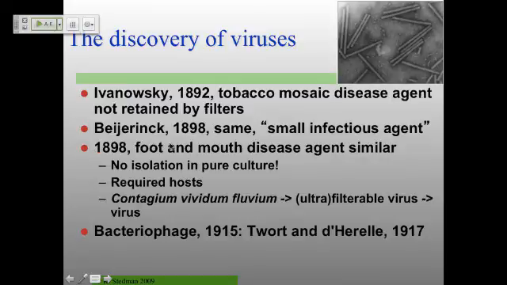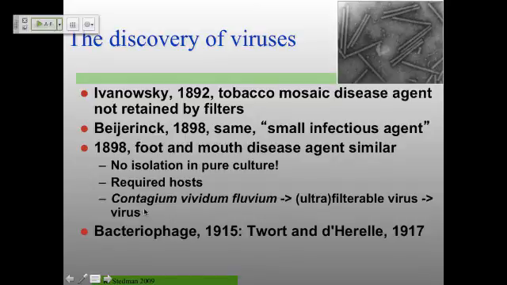Soon thereafter, this really pretty prevalent livestock disease, foot and mouth disease, also you could put through these filters. And basically, what people called it at that point was just something that you could put through a filter that still caused disease. And eventually, that became a virus.